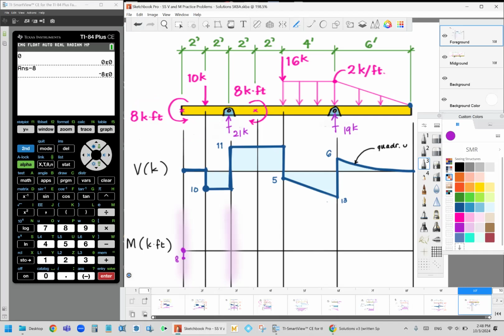I think this is going to be small relative to what we have to do coming up. Okie doke. Over the next 2 feet, no change. And now we have a negative area. So back to the calculator, I go minus, open parentheses, 10 times 2. Okay, so 10 kips times 2 feet. That lands me at -28.